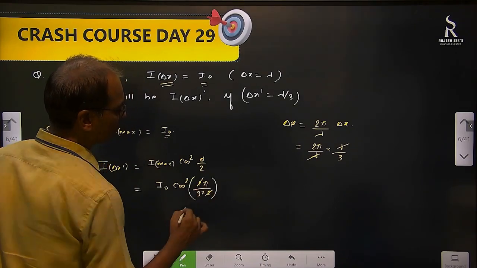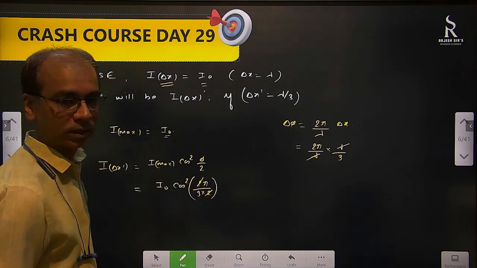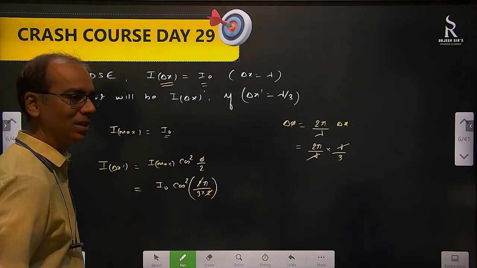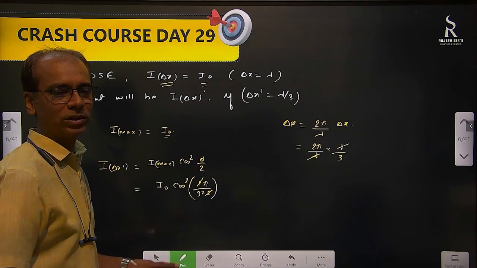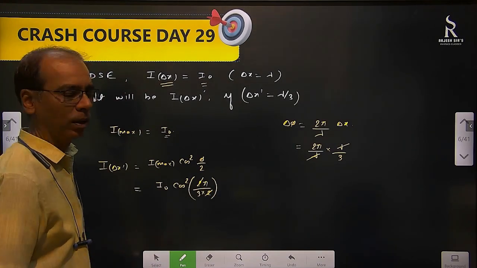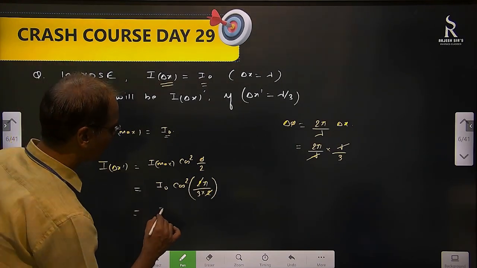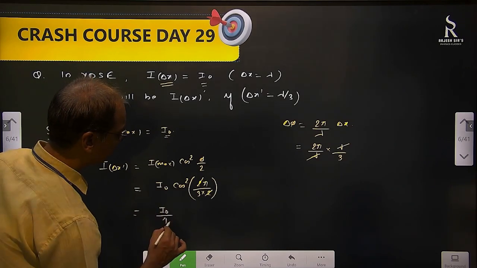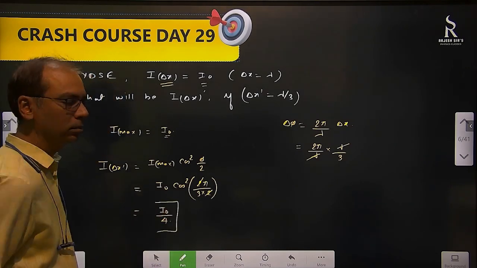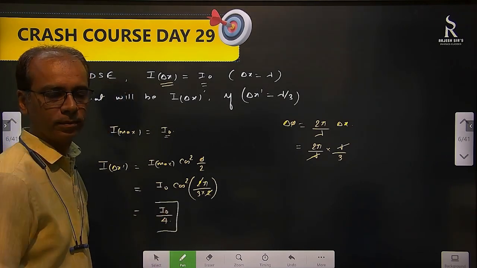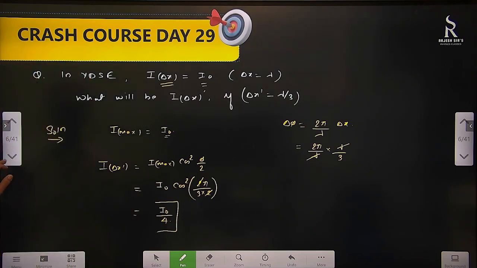The 2 cancels, it's pi by 3, which means 60 degrees. So cos of 60 square. Cos of 60 is 1 by 2, and 1 by 2 square means 1 by 4. So our intensity is I naught by 4. Okay, next.